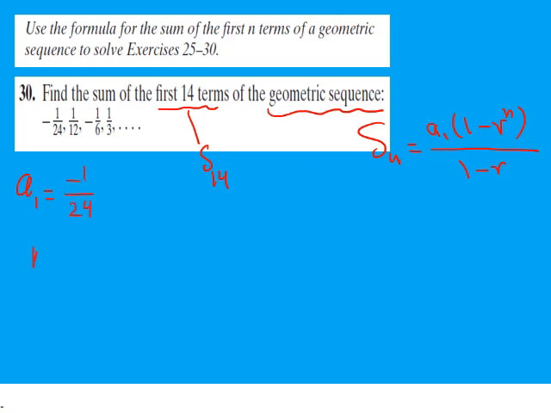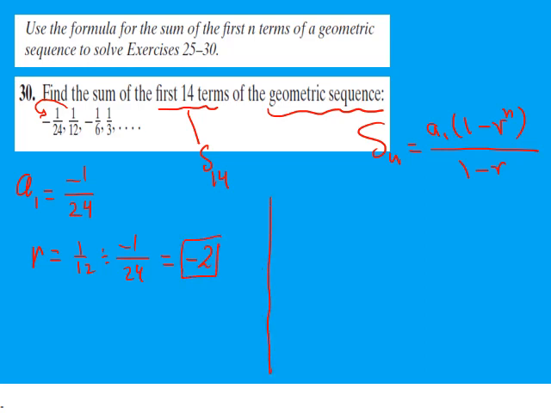To find the common ratio, all I have to do is divide the second term by the first term. 1 over 12 divided by negative 1 over 24 gives me negative 2.